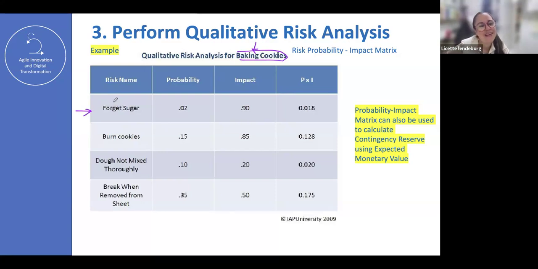So he's going to say, okay, let's say, we can forget the sugar, we can burn the cookies, the dough not mixed thoroughly. This is a risk. And another event, it could be, you can break the cookies when removed from the trays of the oven. So you see, you have 1, 2, 3, 4 possible events.